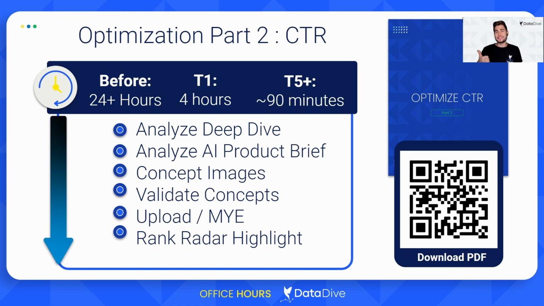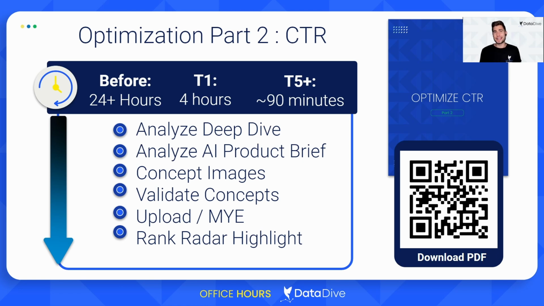Once we've analyzed Deep Dive and the AI product brief, we're going to move on to concepting the images. This is just creating the ideas of what our future main image variations are going to look like. These are the main images that we're going to test over the next few months. Once we've concepted and created the images, we're going to validate these different concepts using market research.